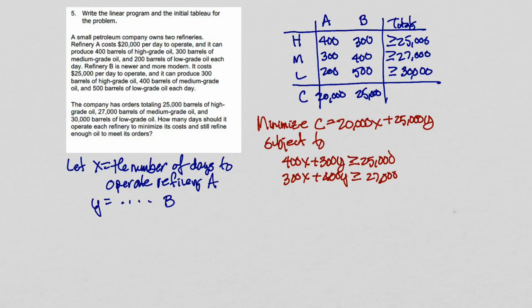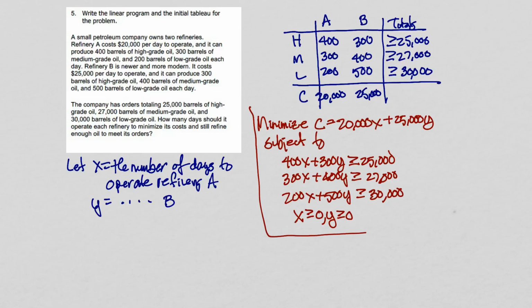And then our third line is going to be 200x plus 500y, that's greater than or equal to 30,000. And, of course, our non-negativity constraints, x has to be non-negative, y has to be non-negative.